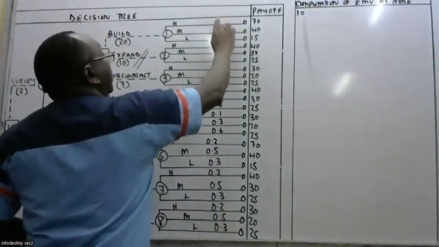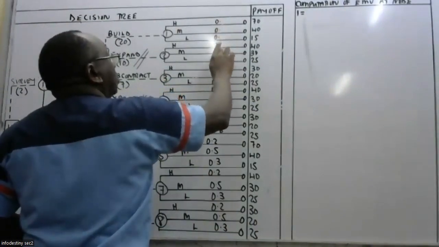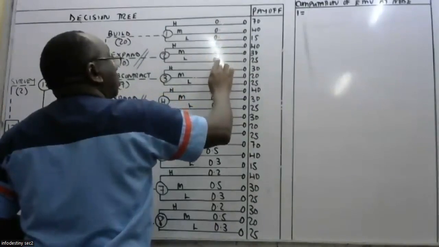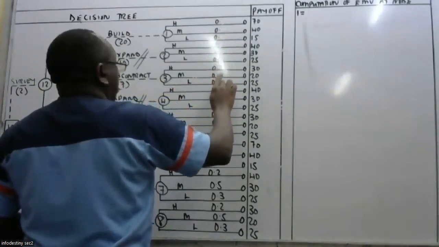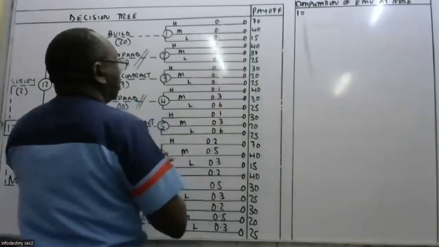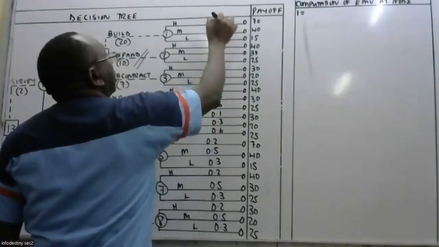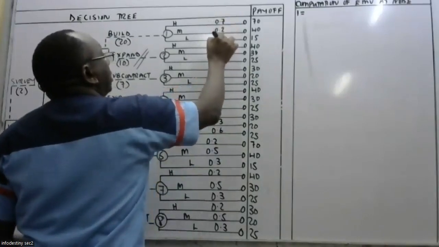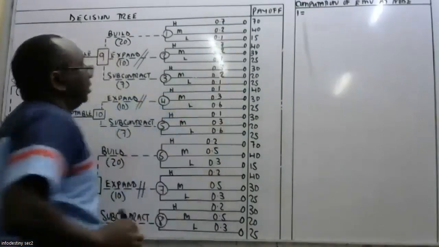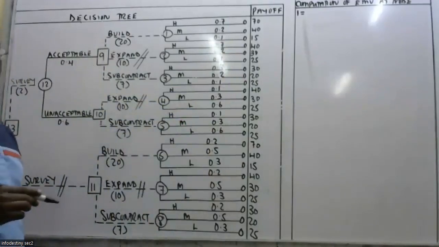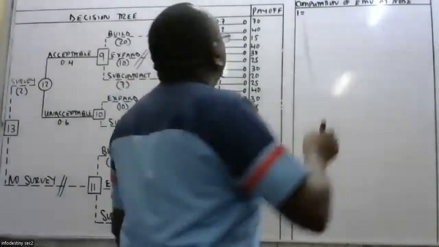I have to redo them again. Up to that point, it's 0.7. Okay, 7 to 1. Then the other one was 0.136. Okay, good. So we do the same.